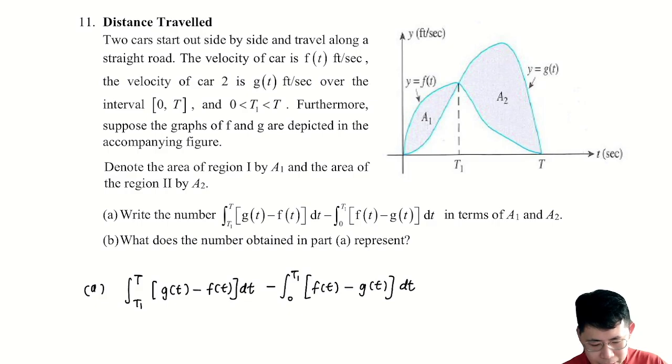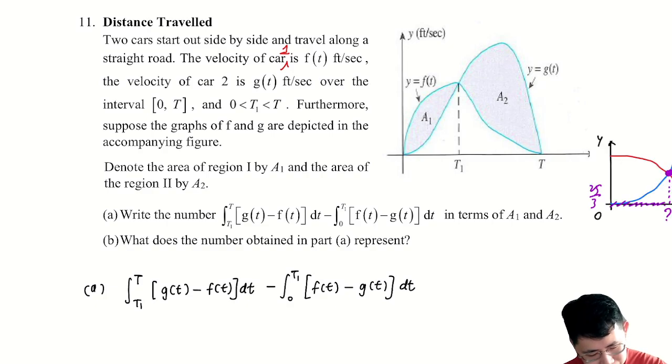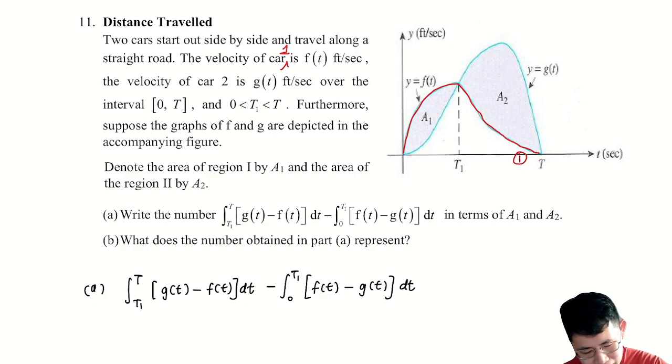Now two cars start up side by side and travel along a straight road. So the velocity of car number 1 is f(t), sorry, I think there's a typo over here. So this red curve is for car number 1. And this blue curve, the one with g(t), is for car number 2.